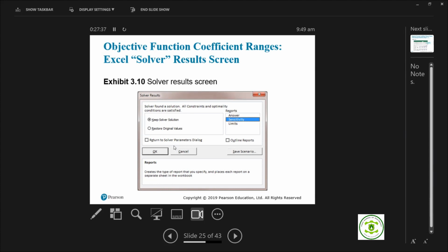So you are selecting it. Select answer, select sensitivity. Once you do that, then you can get to OK.